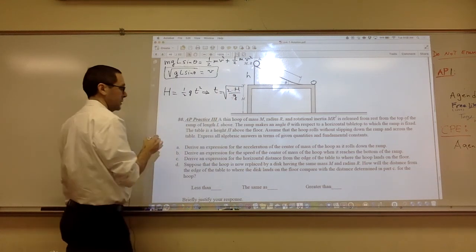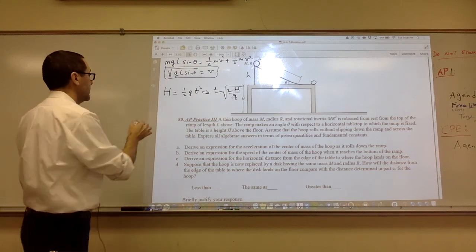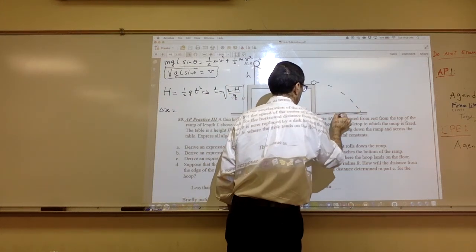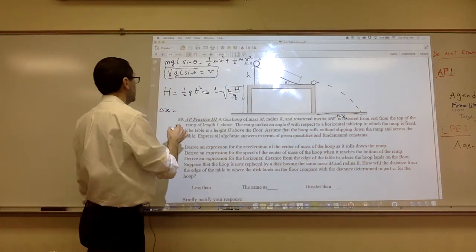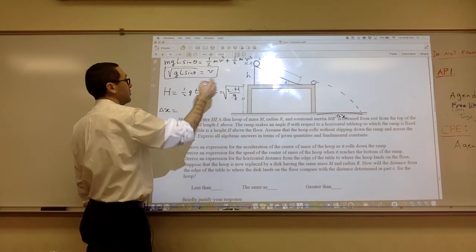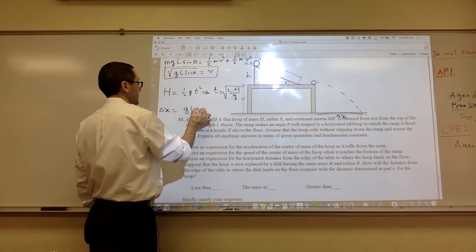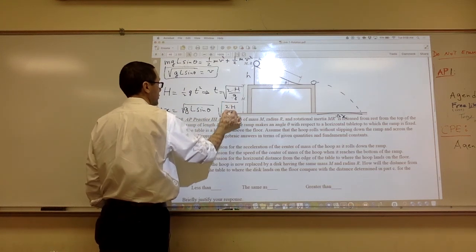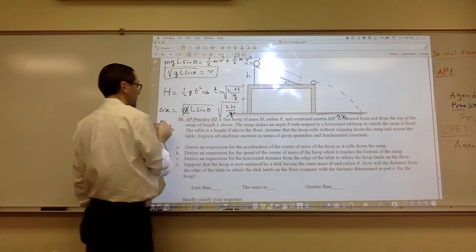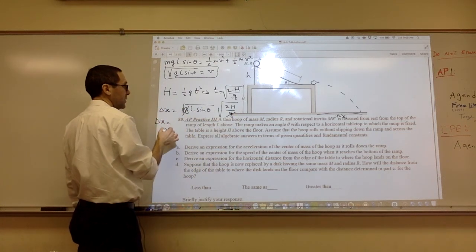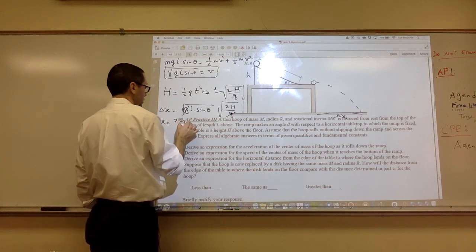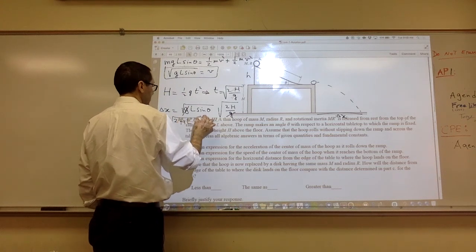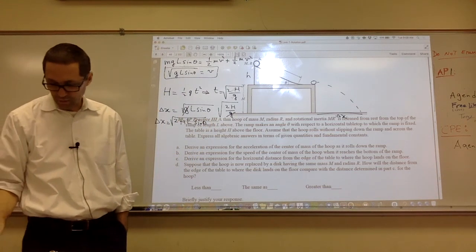Now, if we want to find that distance, so basically it's going to come here and it's going to do one of these things. So we're looking for this delta x here. Delta x equals the speed at the bottom, which is radical gL sine theta, times the time, which is radical 2H over g. So these are gone. So if you want to clean this up, it should be radical 2HL sine theta. Okay, that's what I got here.